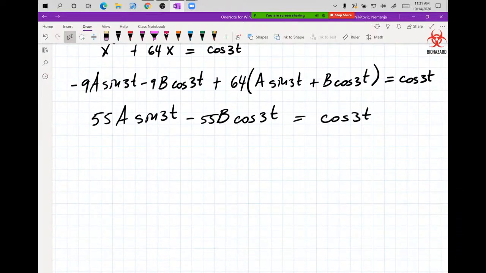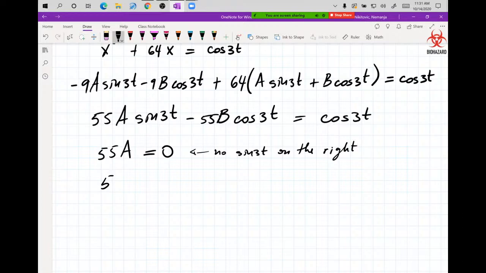And now you equal the coefficients on the left and the coefficients on the right. Do I have a sine term on the right? No. So 55a is equal to 0. No sine 3t on the right.